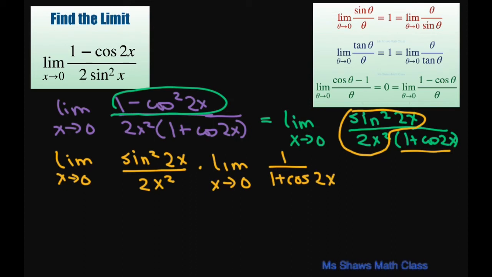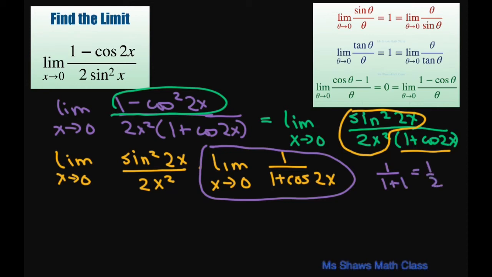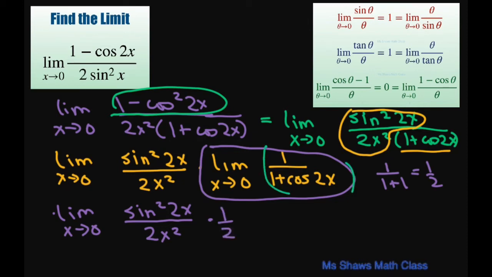Alright, so I'm going to do this limit first. If you substitute in 0, you're going to get 1 divided by 1 plus 1, which is 1/2. So now we have the limit as x approaches 0 of sine squared of 2x divided by 2x squared times 1/2, because this piece here was 1/2.